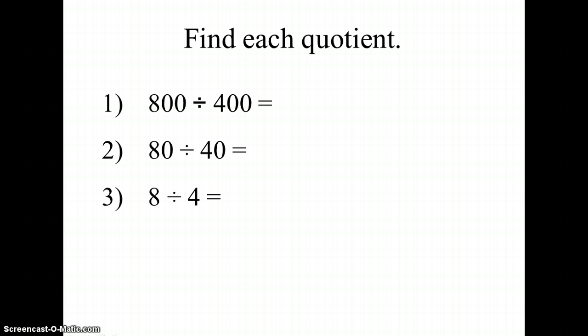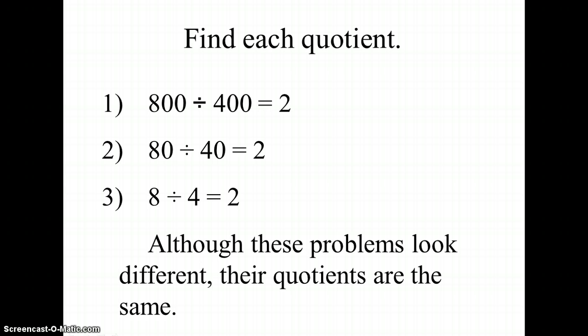Take out your calculators and try these 3 questions in your calculator. What do you notice about each of the quotients in these division problems? They're all the same. Let's look at some more.